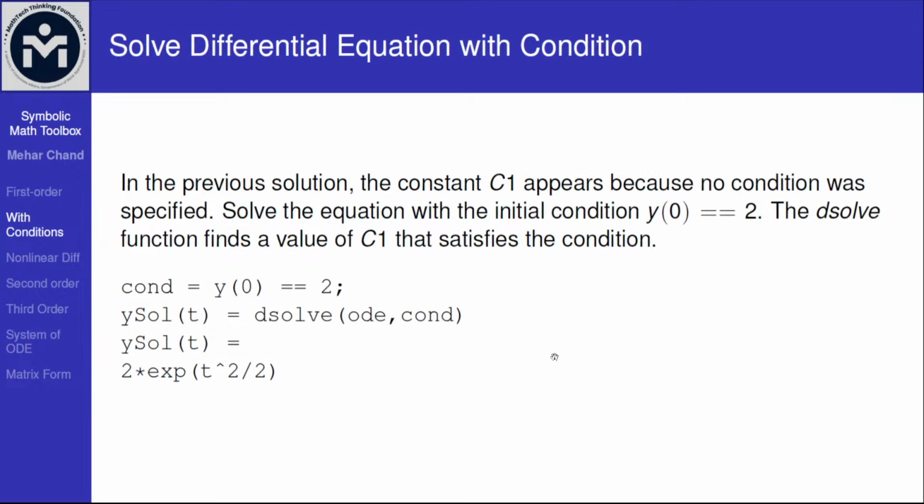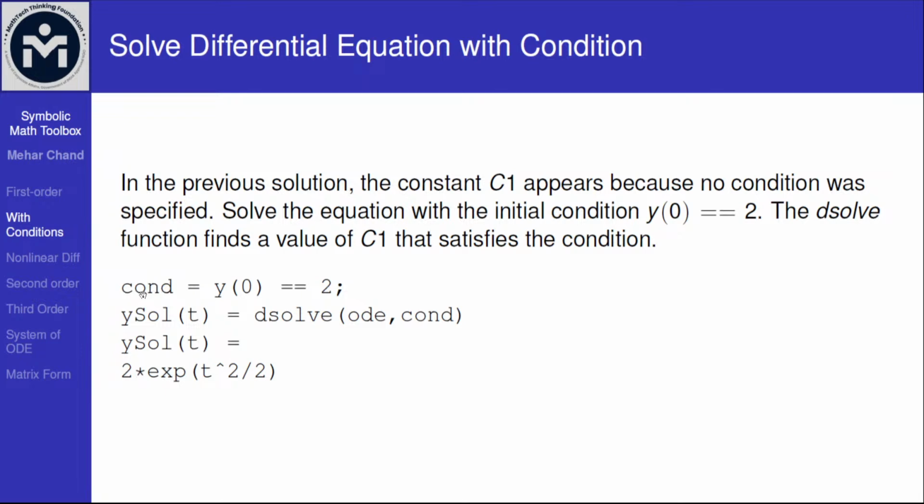So if you can see C1 was the constant and we want to eliminate C1, and when we have the initial condition, we have to apply that particular initial condition, and you can see here y(0) is equal to 2. This is the initial condition, and we need to apply it in this problem, and this is quite simple to apply.